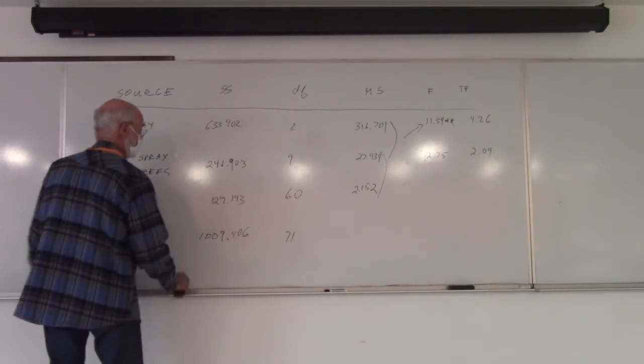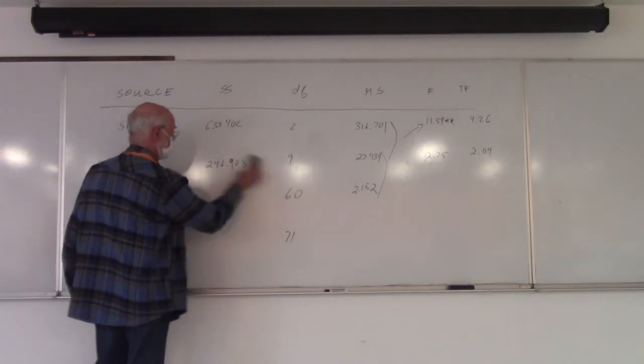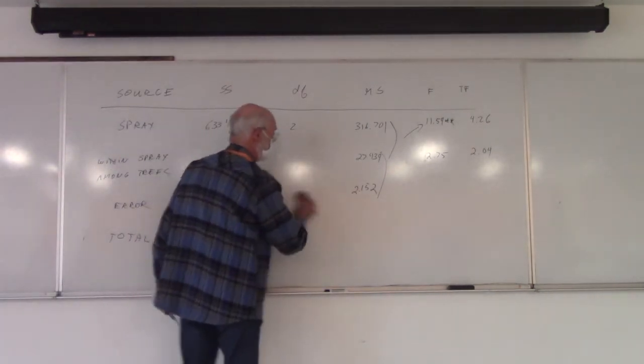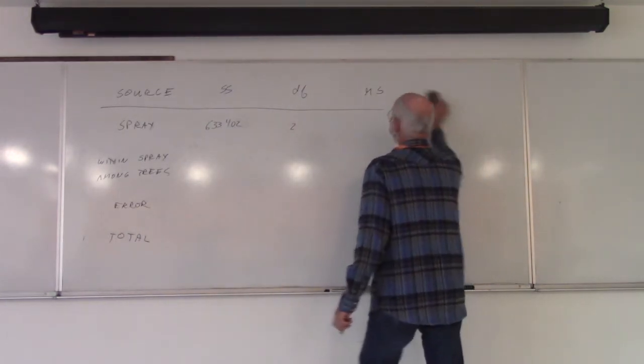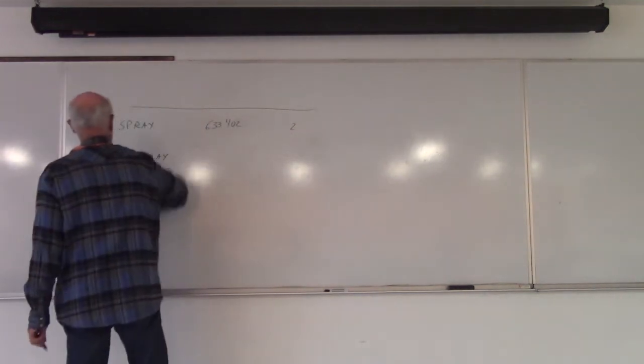All right, so let's look at what the actual expected mean squares are going to be if we lose one leaf.